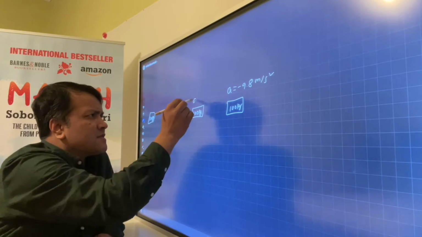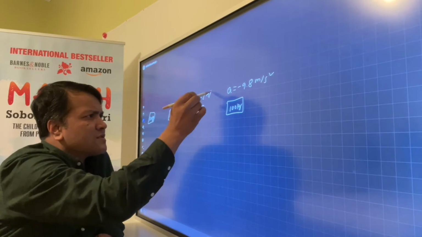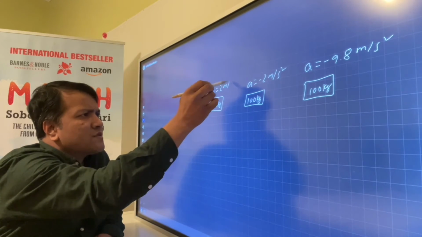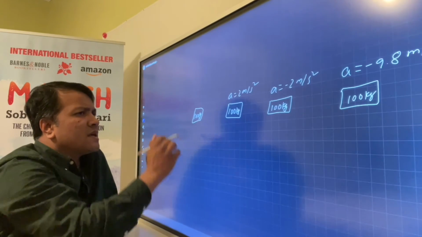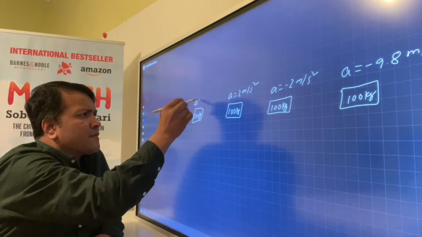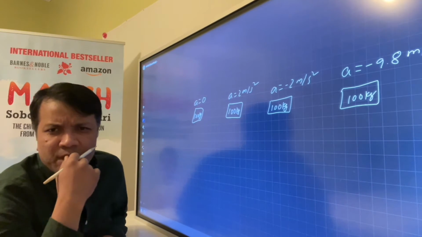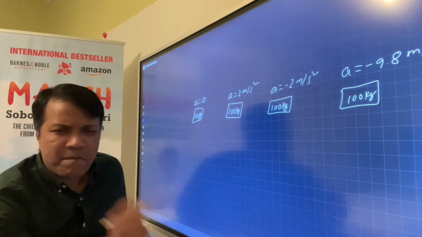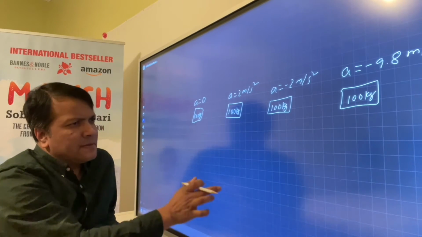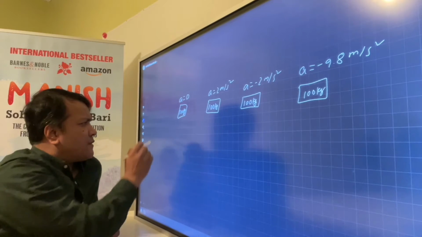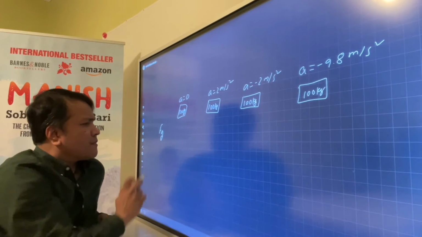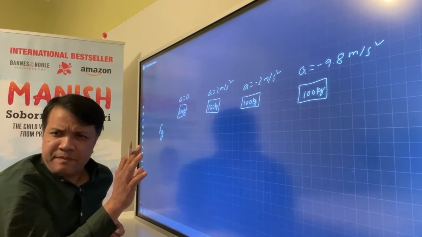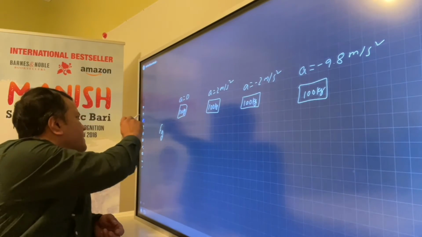This one acceleration is negative 2 meter per second squared. This one acceleration is 2 meter per second squared, and this one constant velocity. Acceleration is 0, but constant velocity. Now first we're going to find Fg. So Fg is going to be the same.